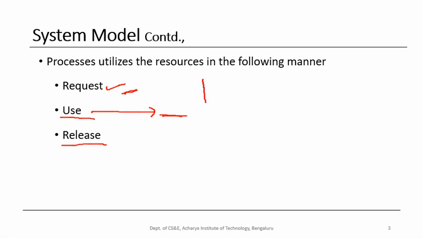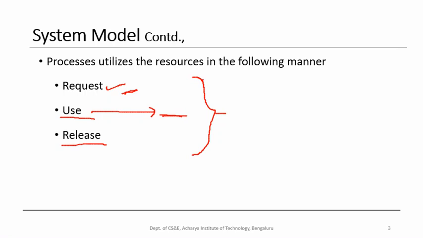So that's how resources are requested, used, and released. Now let's see what the issue is. In the process of distributing the resources among the computing processes, there could be an issue.